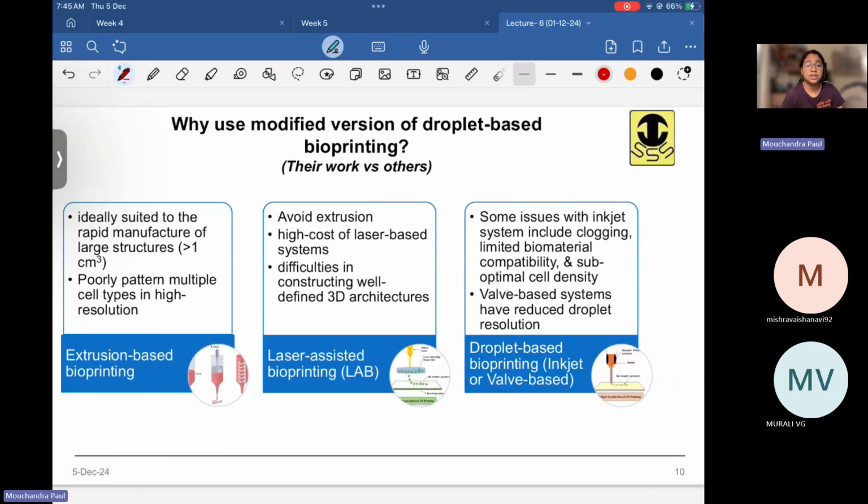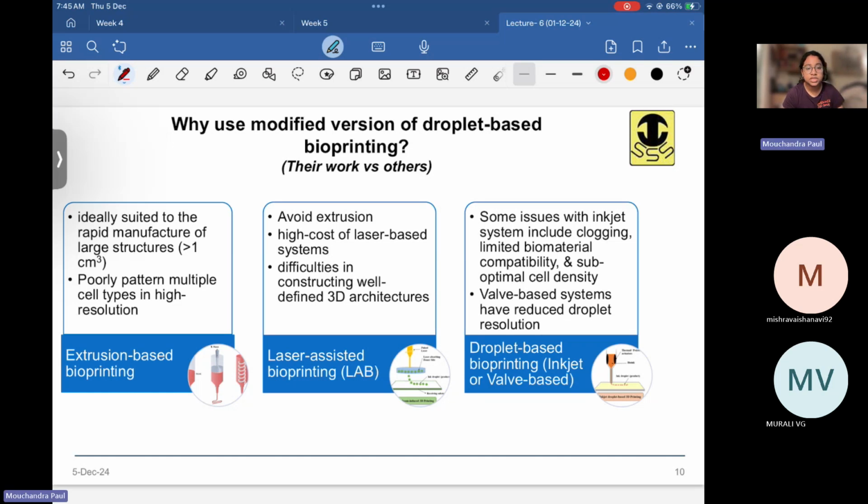So first, let's discuss why they used printing in oil. Why did they make 3D constructs in oil? How would their technique be better than the existing state of the art?